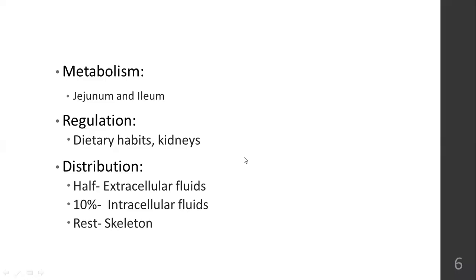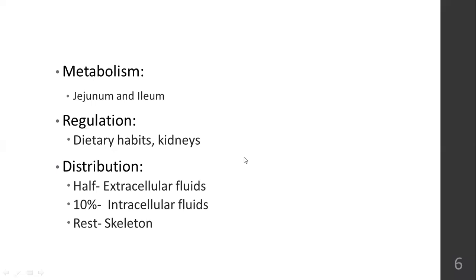Regulation of sodium balance. As the input of sodium is controlled by dietary habits rather than requirements, sodium balance is achieved by the body only by regulating the output. So the kidney plays an important role in maintenance of sodium balance.